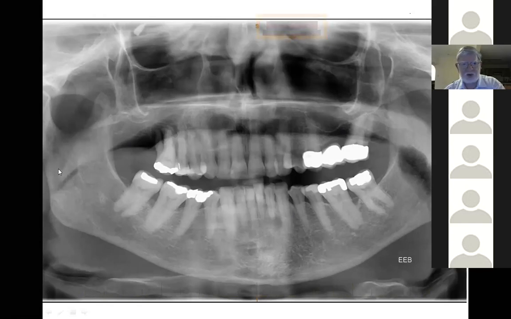That would be the hard palate, and then you've got this air space along there. When that is superimposed over this area, plus the vertebral column, sometimes you think maybe something's going on there. Make a decision between clinical appearance, any symptoms, and whether you want to take radiographs of that area.